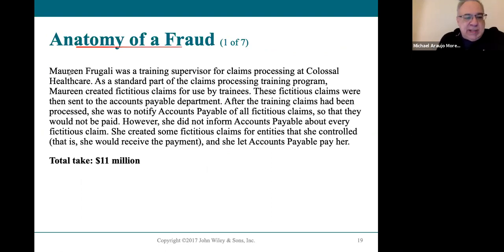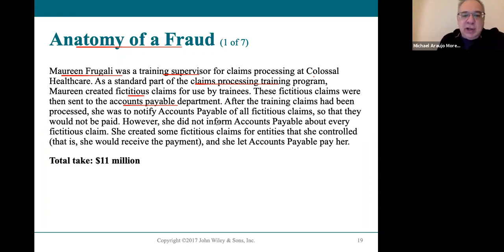This particular person here, Maureen, was a training supervisor at Colossal Healthcare, and she was training people on their claims processing program. So she would create fictitious claims that would be sent over to accounts payable for payment. Once the training was over, she would tell accounts payable, "Oh, these are fictitious, don't pay them."